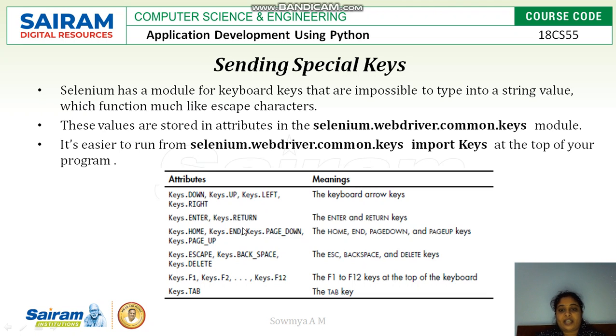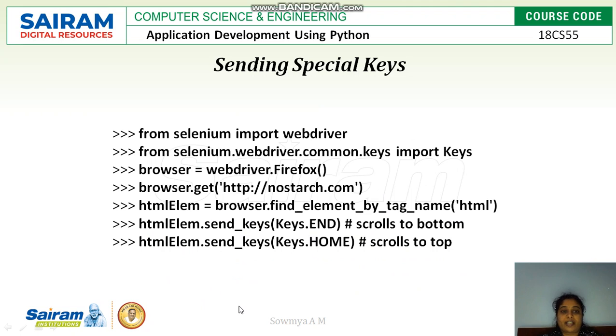Keys.RETURN and Keys.ENTER are for the return and enter keys. Keys.HOME goes to the home of the page, END to the end of the page, PAGE_DOWN and PAGE_UP for moving up and down page-wise. Keys.ESCAPE is for the escape character, Keys.BACKSPACE for backspace, Keys.DELETE for delete, we can make use of all the function keys, and Keys.TAB for the tab character.